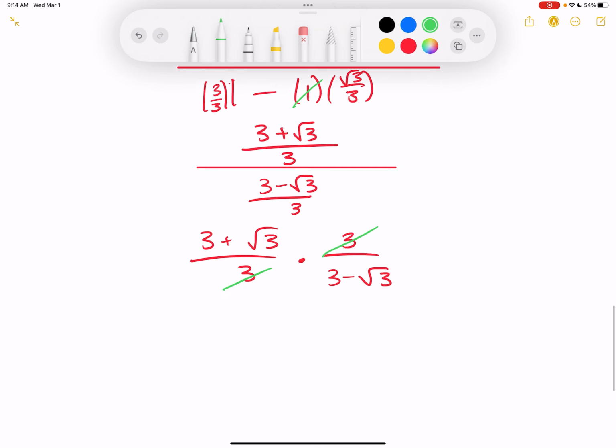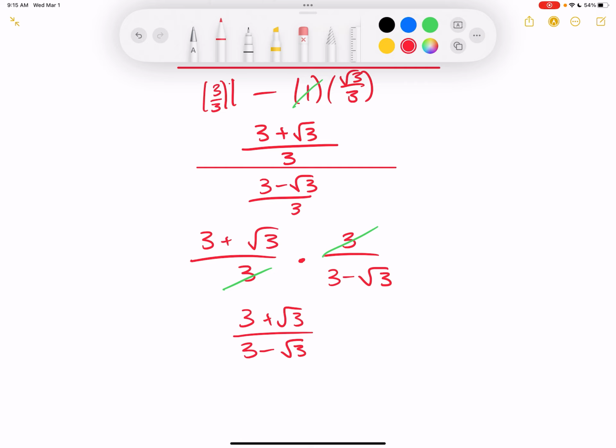So now what I have is 3 plus the square root of 3 over 3 minus the square root of 3. And maybe you're thinking, oh, we're done. But that's not allowed because we can't have a radical in the bottom. So any idea what we need to multiply by to get rid of the radical in the bottom? Square root of 3 over square root of 3. It's still going to give me a radical on the bottom. 3 plus the square root of 3 over 3 plus the square root of 3.